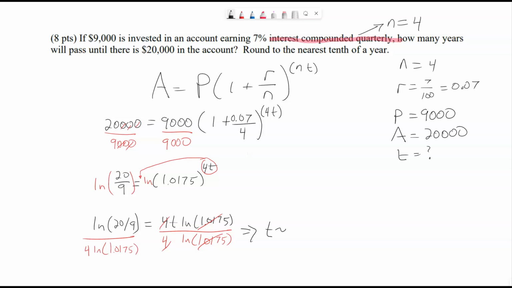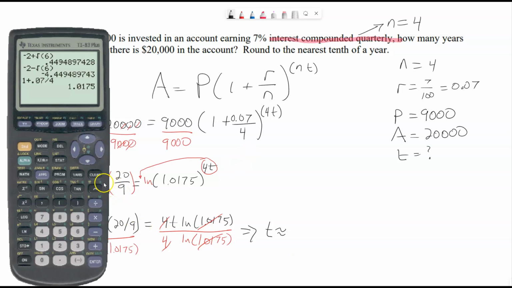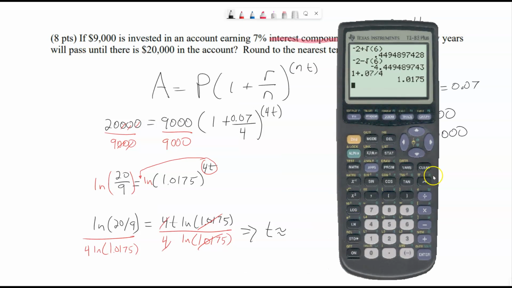approximately, let's use our calculator. We have natural log of 20 divided by 9, divided by, now in the denominator there's an operation, it's 4 times ln 1.0175.